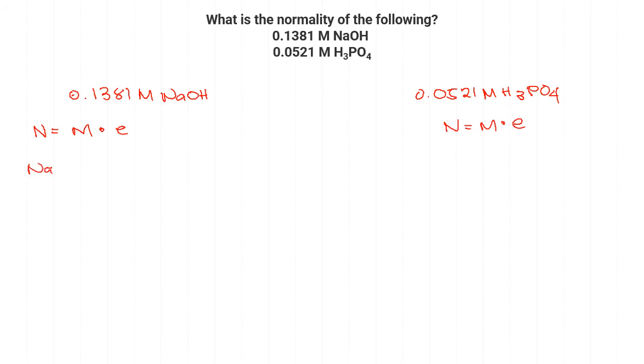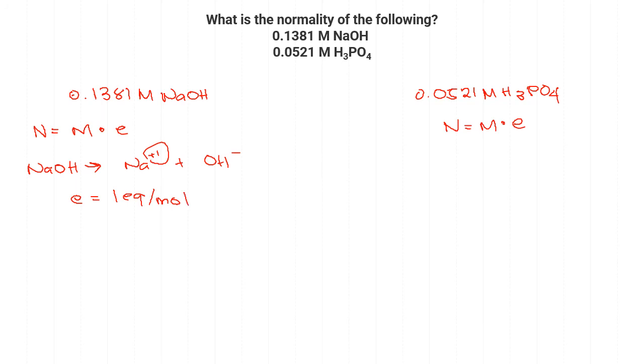For NaOH, assuming complete dissociation, we will have your sodium ion plus your hydroxide ion. The charge of our positive ion this time is just 1, which means our equivalence is 1 equivalent per mole.